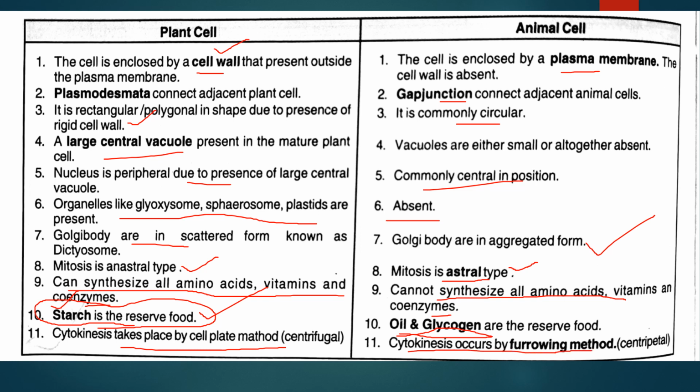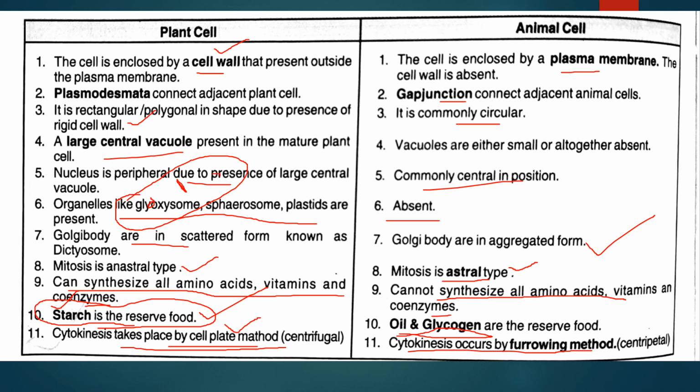What is cell plate method? During the cell division, at first the nucleus divides into two and then the cytoplasm. During that cytoplasm division, the cytokinesis occurs in plant cell by cell plate method. A plate or a cell wall is at first formed between these two nuclei at the center.